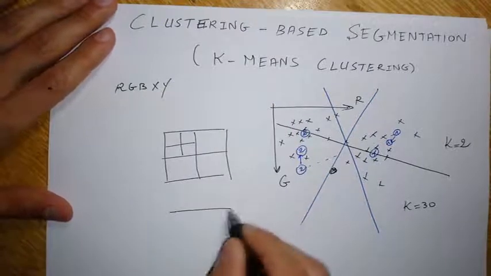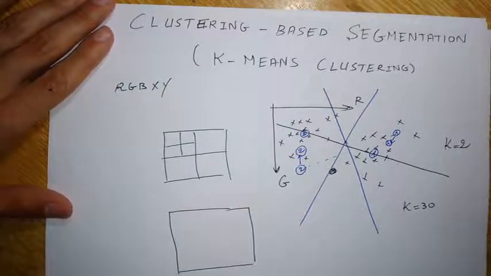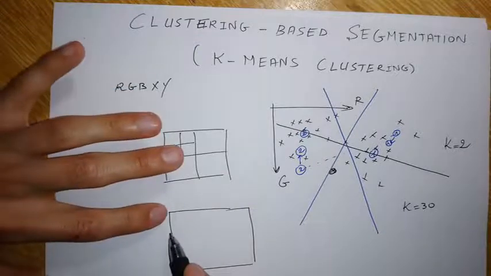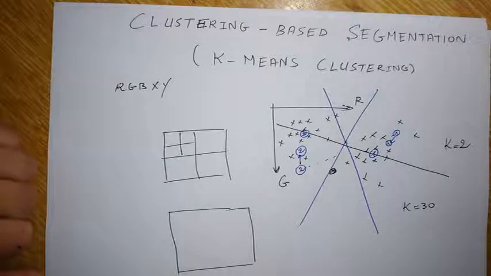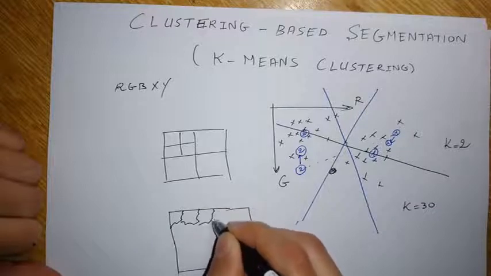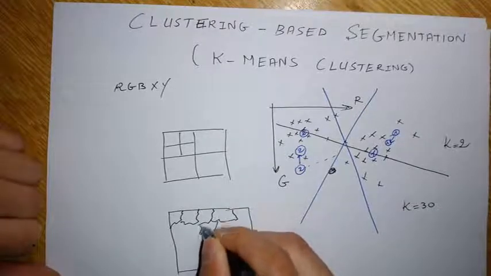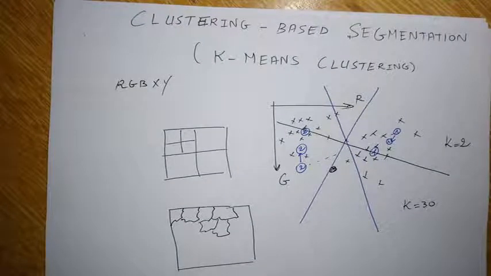So at the end, what we get is clusters that are locally constrained, so they cannot be bigger than a given area. Something like that, and then at the end we can do the splitting and apply eventually the merging.